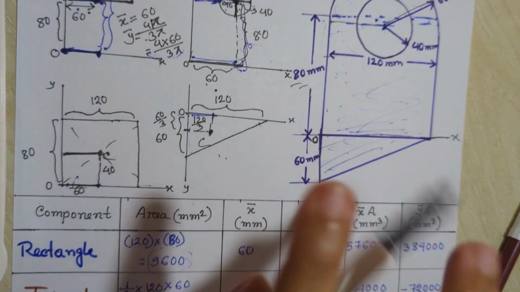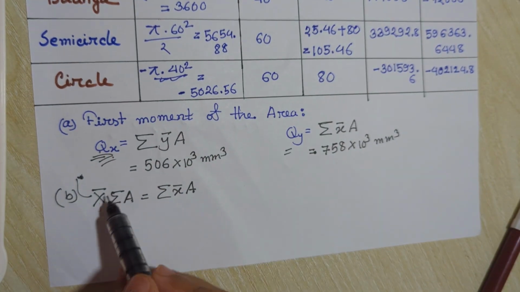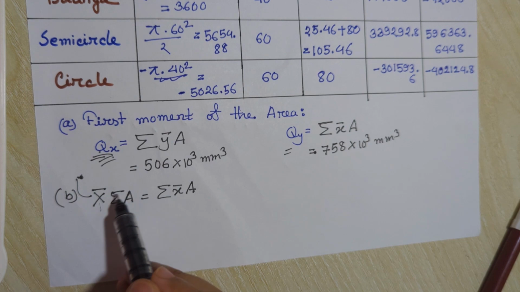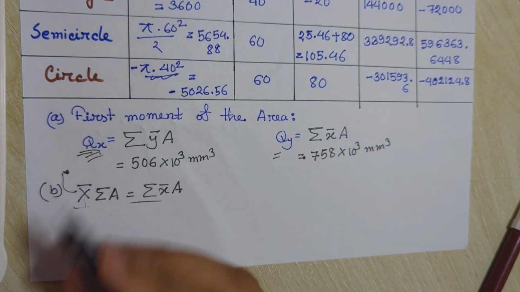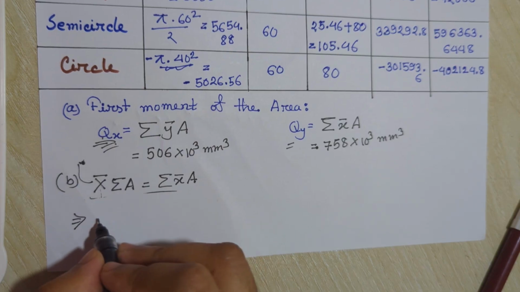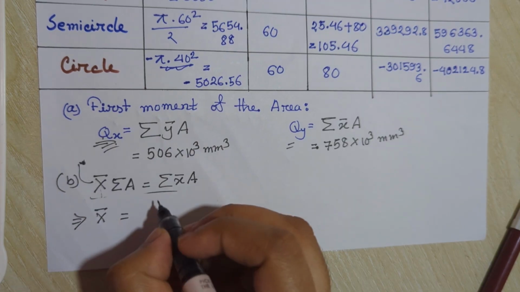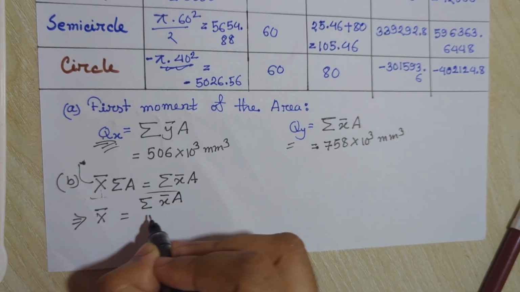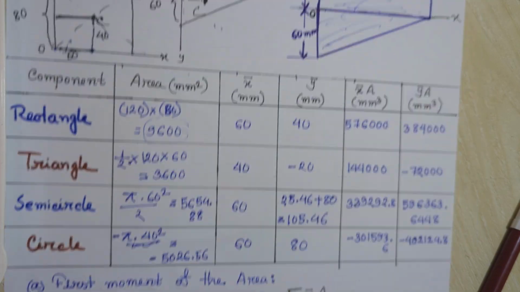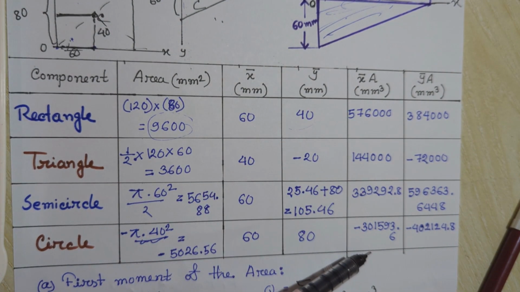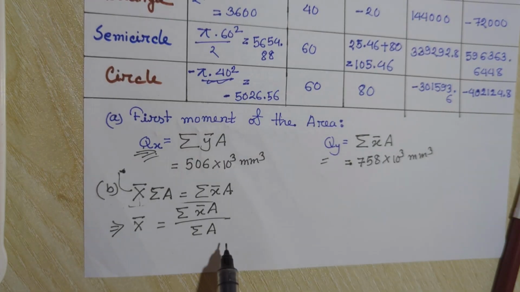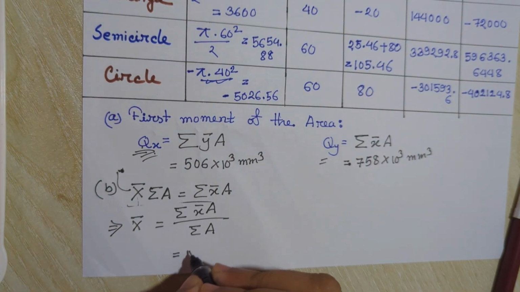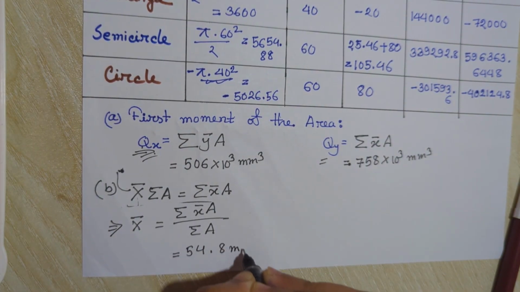If we consider this a single object and multiply this with summation of a, meaning total area, then these 2 things will be similar. So from here we can find X bar, which is summation of x bar a divided by summation of a. From here we will get summation of x bar a, and if we add these 4 areas, we will get the summation of a. So our final answer will be 54.8 millimeter.